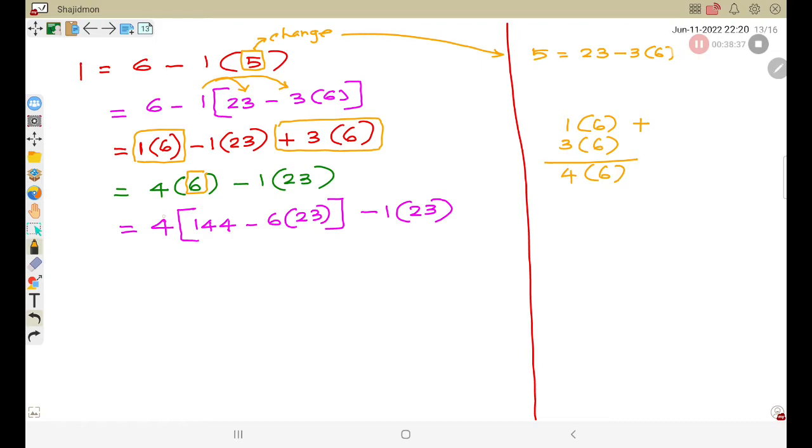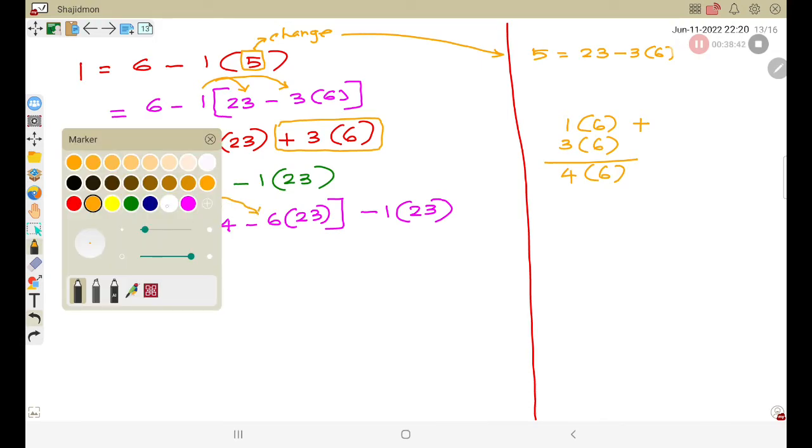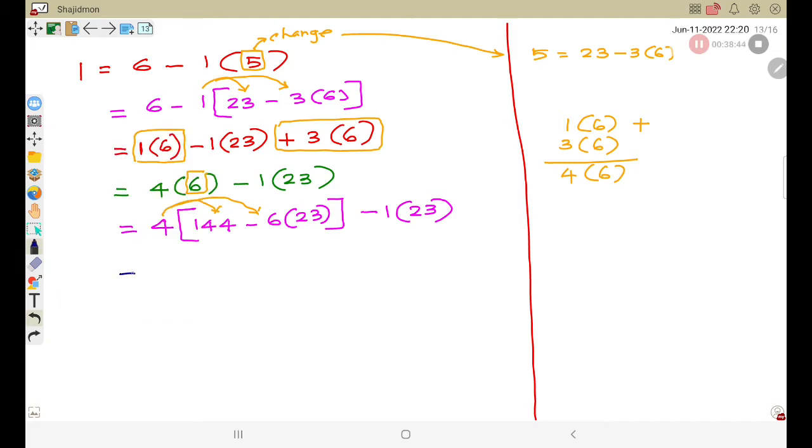Okay. Now distribute this 4 into the bracket. So what did we get? Equals 4 multiply 144, same, minus 4 multiply 6, which is 24, with the bracketed number 23 the same. Last, minus 1 multiply 23.